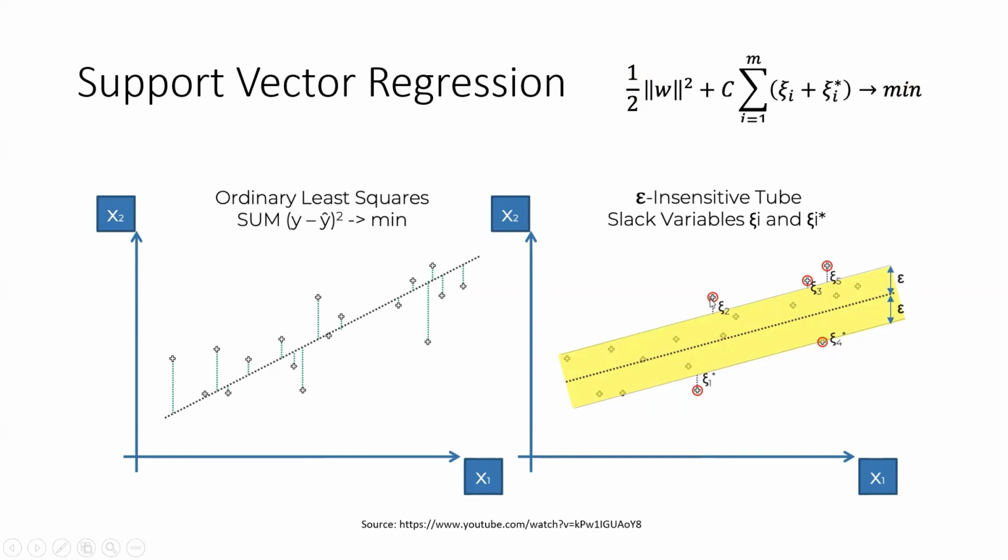And all the data points outside this epsilon insensitive tube would be considered as support vectors, and their distances would be considered in this optimization. There is much more to the constraints and so on in this optimization for support vector regression, but we are not going to discuss it here.